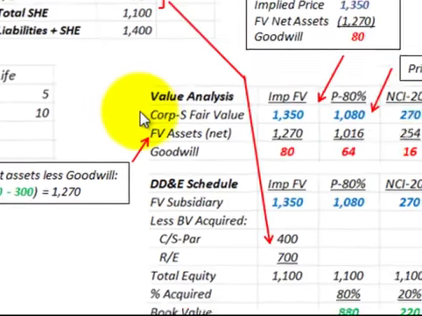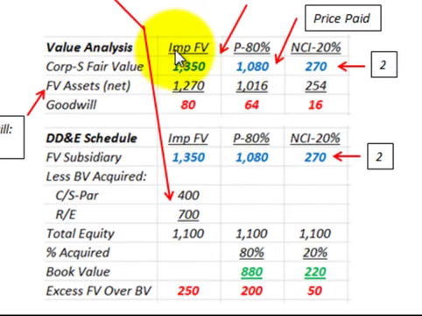The next thing we have to do is look at a value analysis. Down here we have Corporation S, their fair value. We determined the total amount was $1,350,000, less the parent portion of 80%, which is the price they paid of $1,080,000. The difference would go to the non-controlling interest, the subcorporation S, for $270,000, because they have a 20% interest.